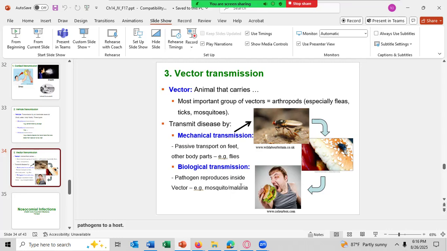But when the mosquito bites the patient, they can pick up the malaria parasite. The malaria parasite then can infect the mosquito and then reproduce inside the mosquito. And so malaria is the classic case of biological transmission. Any question about vector transmission?